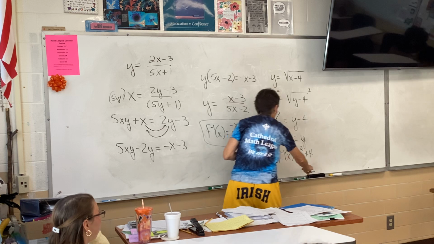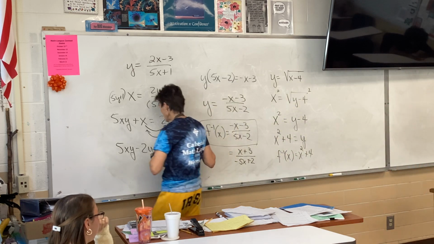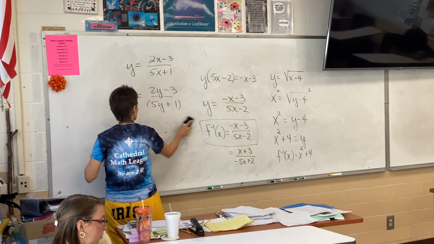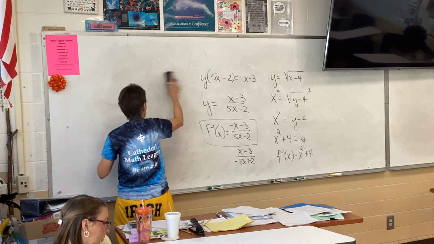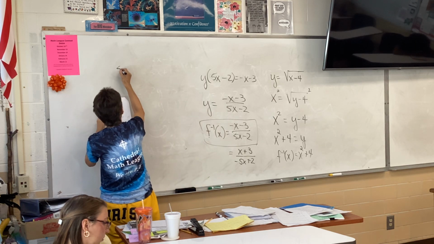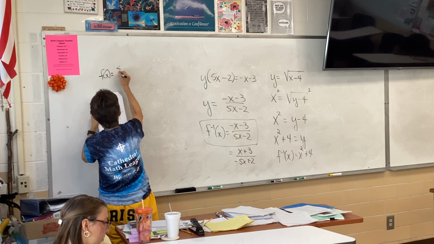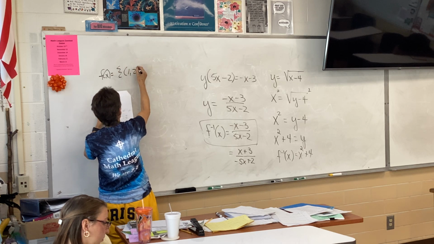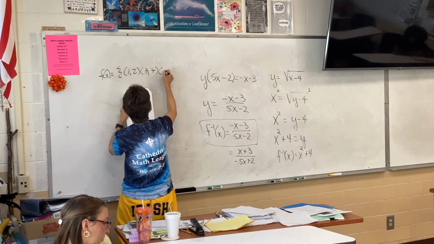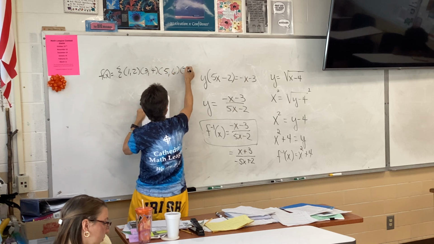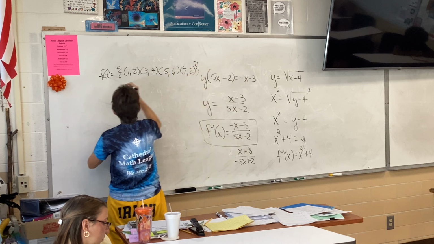What do you think about E? E isn't even an equation. E is just a set of ordered pairs. What do you think the inverse of that might look like? 2, 1, 4. Oh, yes! You guys should be teaching this class.